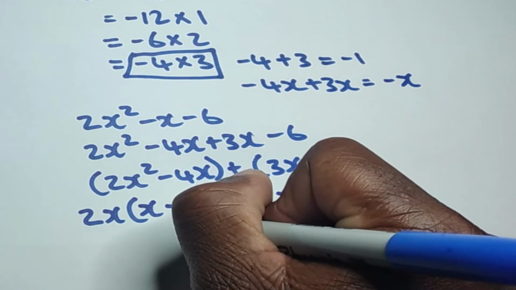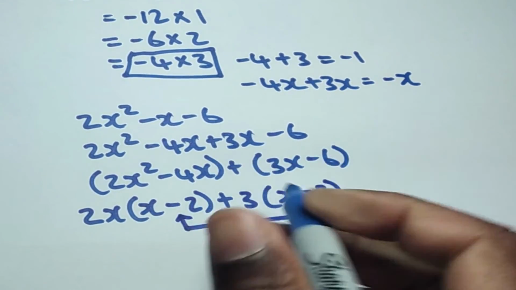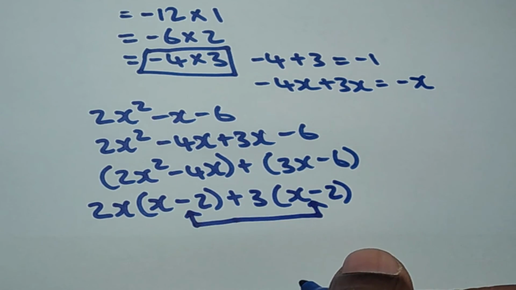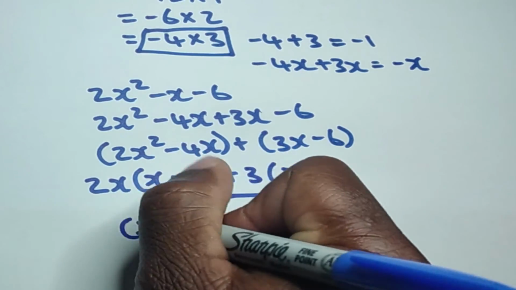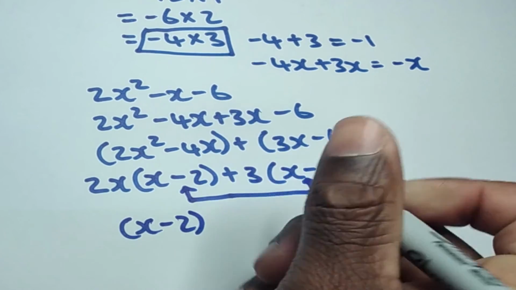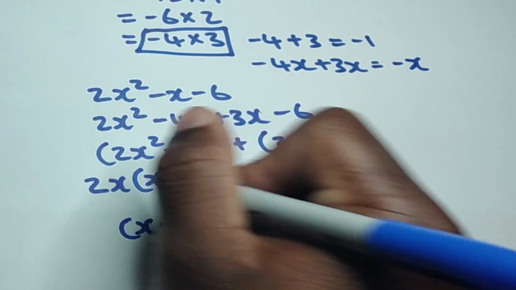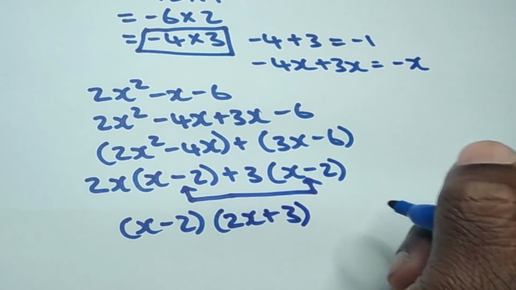Before we move on, it's always important to obtain the same thing in both these brackets. That lets us know that we are on the right track. Now we bring down one of the common brackets, which is x minus 2, and in the other bracket we'll have the outside terms, 2x plus 3.